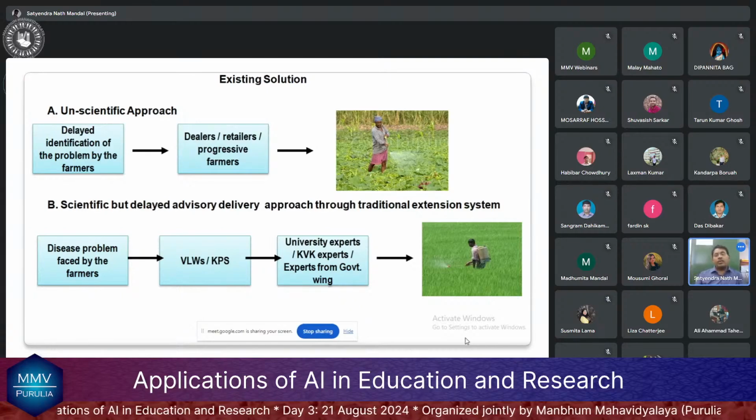If some farmers are advanced, they consult with a university expert, a KVK expert, or an expert from the government wing, take their suggestion, go to a dealer, take some pesticides or fungicide and spray in the field.